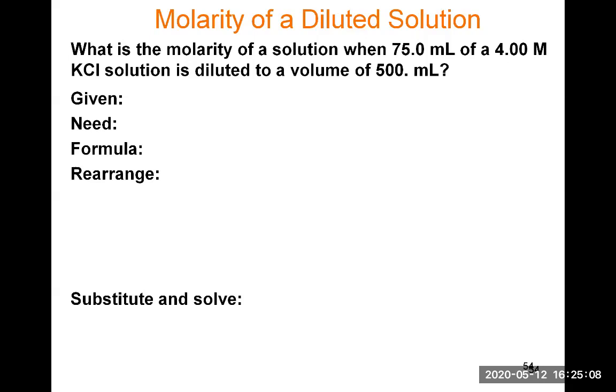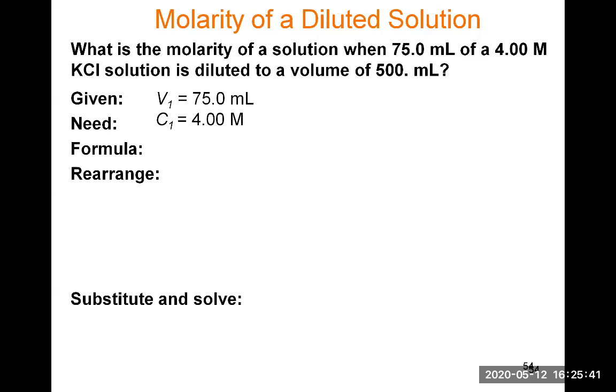It says 75 milliliters of a 4 molar KCl solution. These two values go together, and it's what you started with, because then you diluted it to a larger volume. So 75 milliliters will be your V1, and C1 will be the 4.00 molar. It's the state of your initial solution.